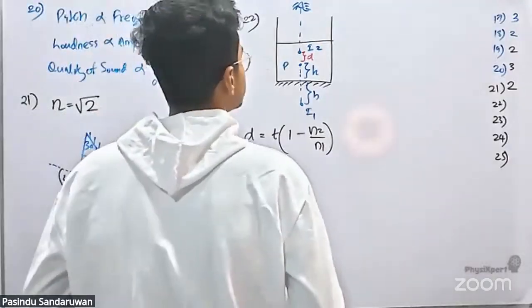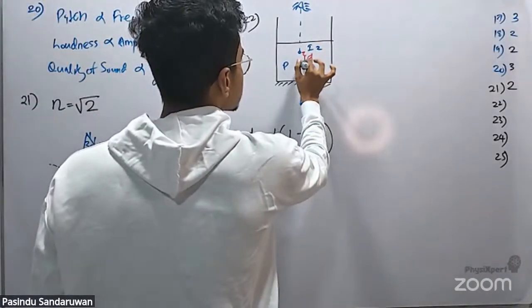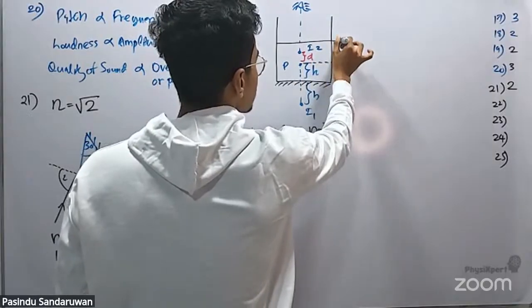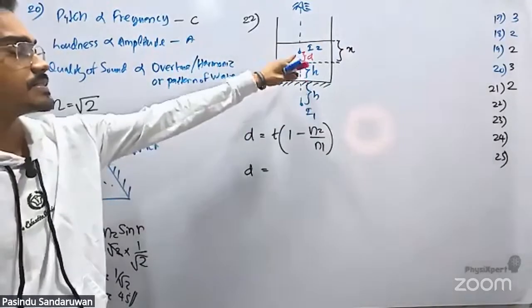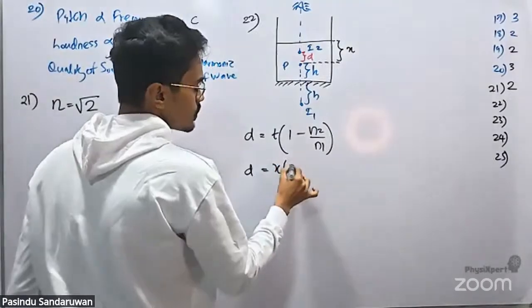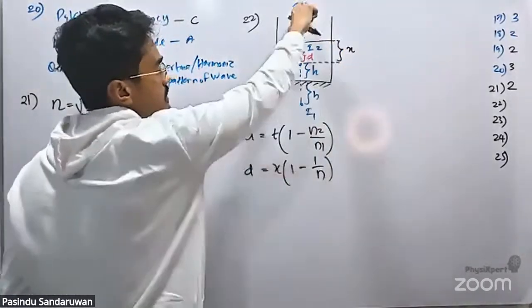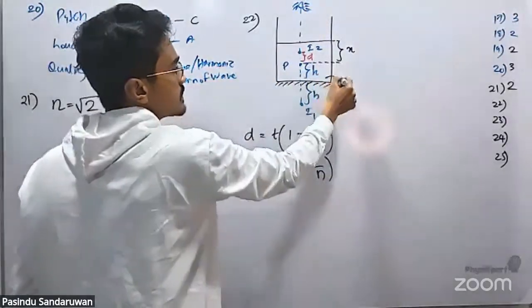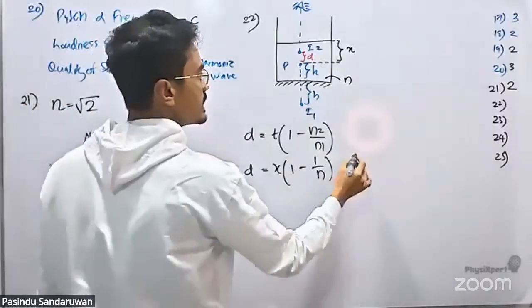Let's consider the height from here to here as x. Then the thickness of the medium which matters for this is x. So x times 1 minus 1 over n, because I is in air with index 1, and the liquid is given as n. So D is here.